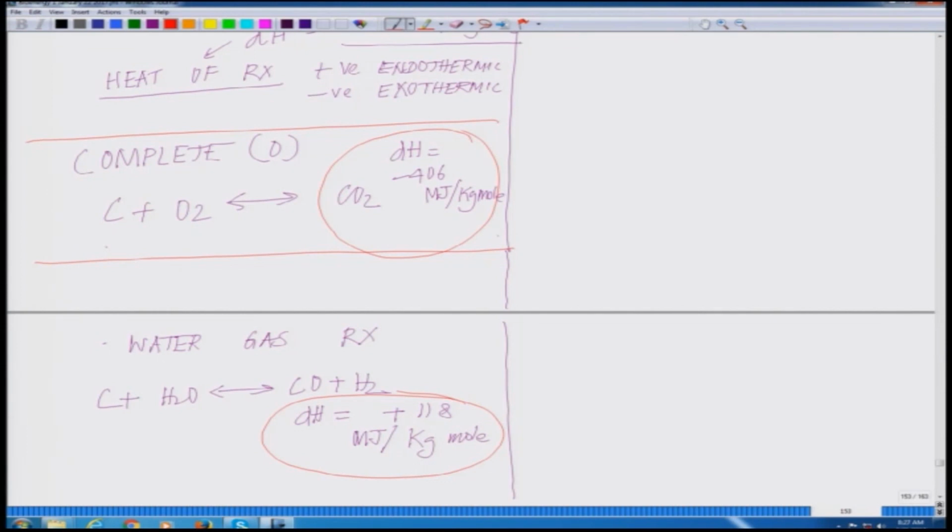If you compare these two values, 268 and 406, it is around 65% of it.